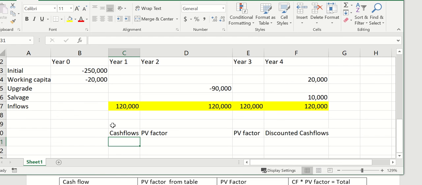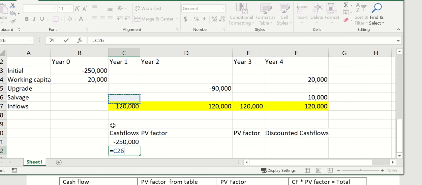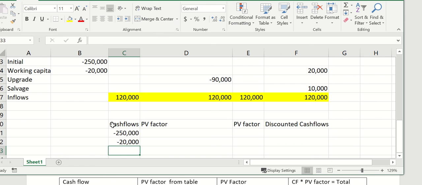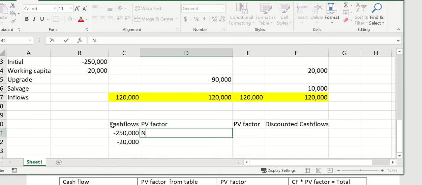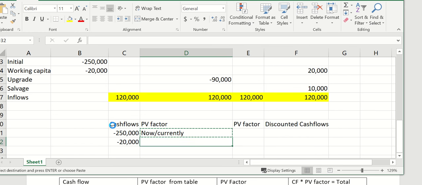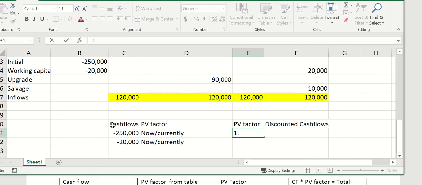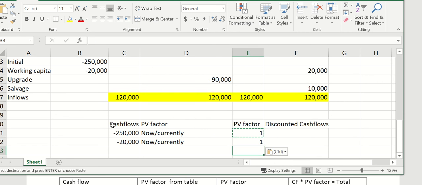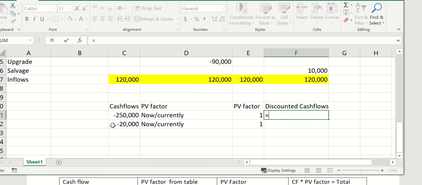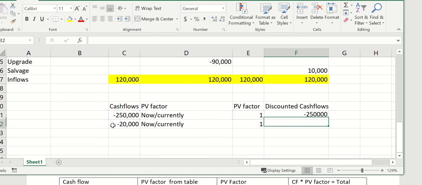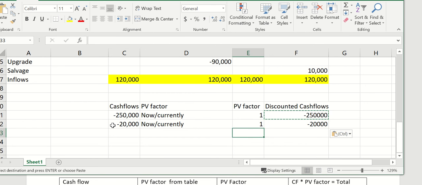Cash flows in year 0, or your initial, today or currently, are the working capital and our initial investment. So your PV factor is always going to be 1.00, and then you can multiply your cash outflow by your PV factor.